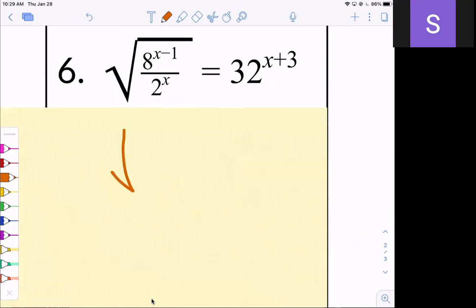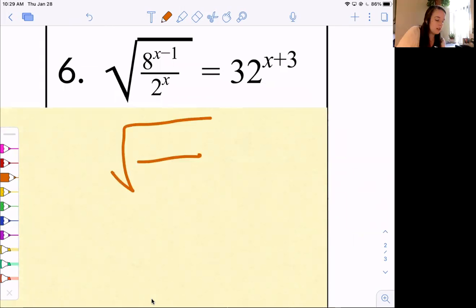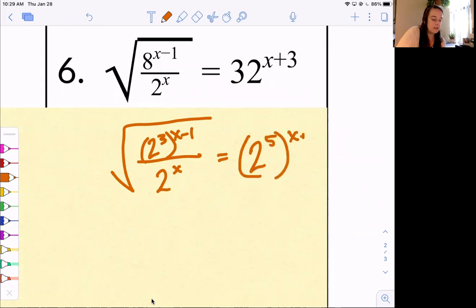2. 2 for sure. So you have 2 to the 3rd, and then x minus 1, and you have 2 to the x, right? Already there. And then 2 to the 5th, and you have x plus 3. Does this seem right so far? Yes, I did that. Okay, cool. And then did you distribute the exponents? Yep.